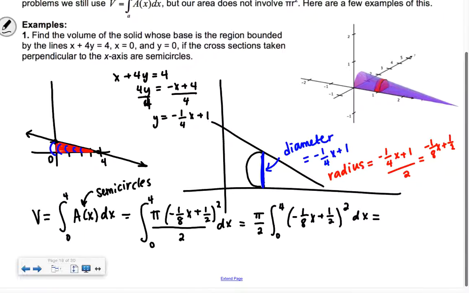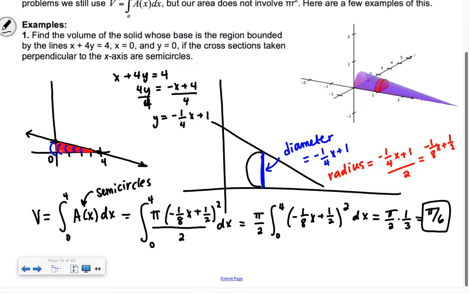I just pulled the 2 out, so you don't have the over 2 inside of it. So I got that the integral part was 1/3, so I have pi over 2 times 1/3. 2 pi over 6. So pi over 6 is your answer.